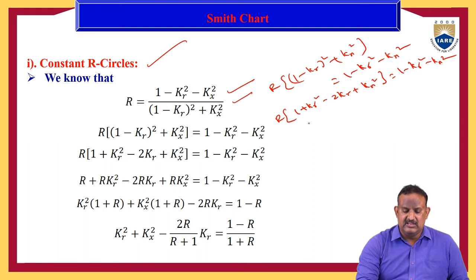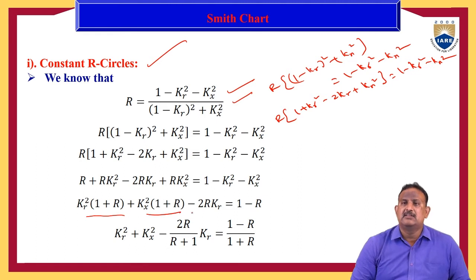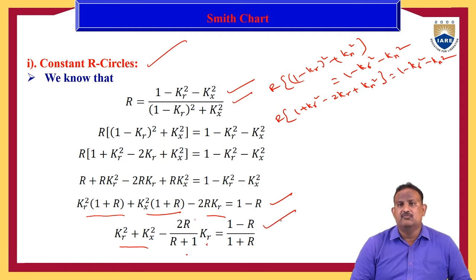Simplifying, Kr square into (1 plus R) plus Kx square into (1 plus R) minus 2R into Kr equal to 1 minus R. Taking 1 plus R common, Kr square plus Kx square minus 2R by (R plus 1) into Kr is equal to (1 minus R) by (1 plus R).